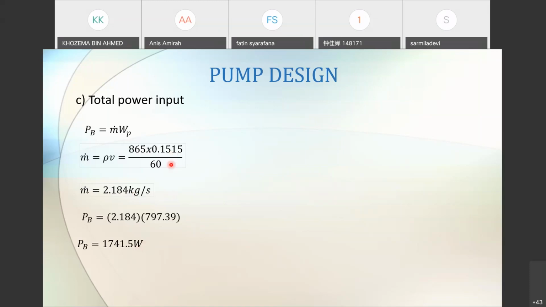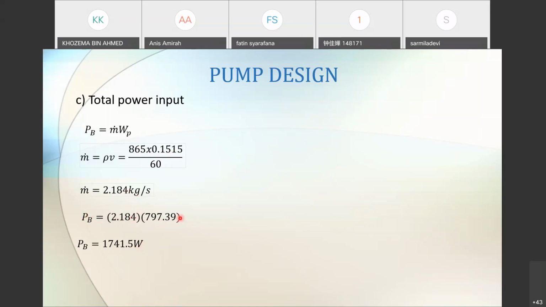Because if you don't divide by 60, your mass flow rate will be in kg per minute. If you put all these values in this equation, this will have the unit of kg per minute, and this one will have the unit of joule per kg.